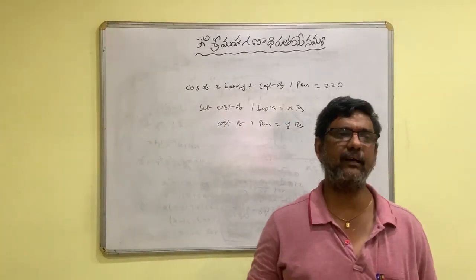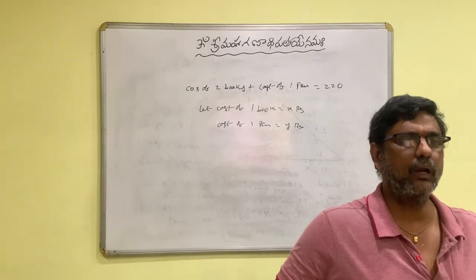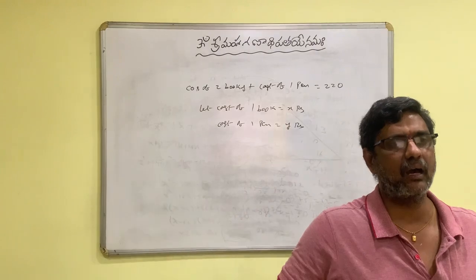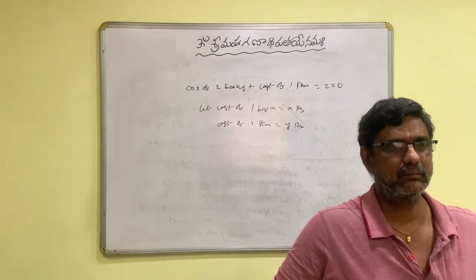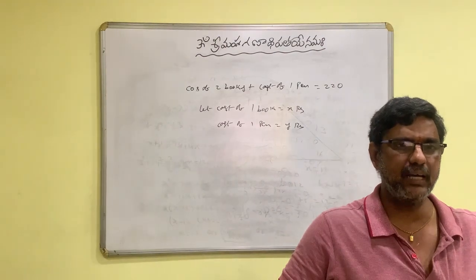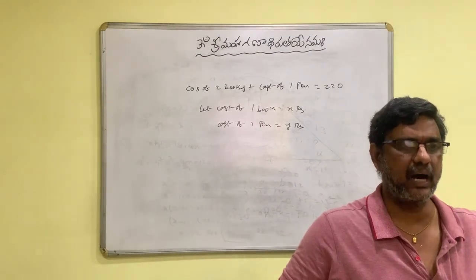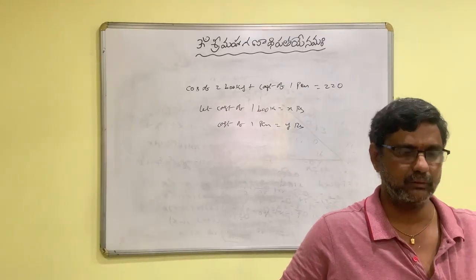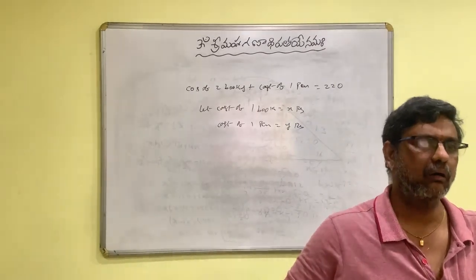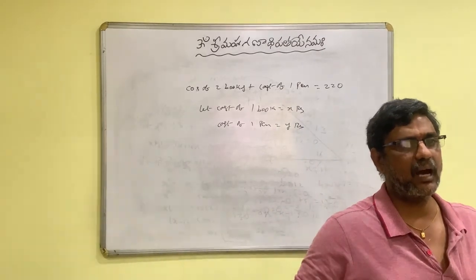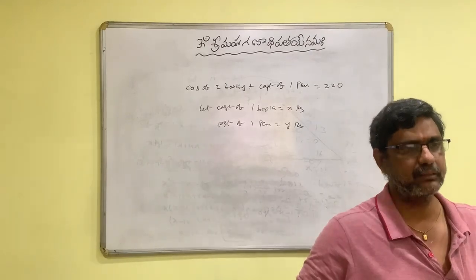Because both are different. 1 book cost is not the same as 1 pen cost. That is what we have to remember. I didn't say that they are the same. So let the cost of 1 book be X rupees and the cost of 1 pen be Y rupees.